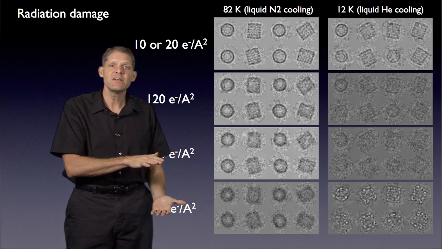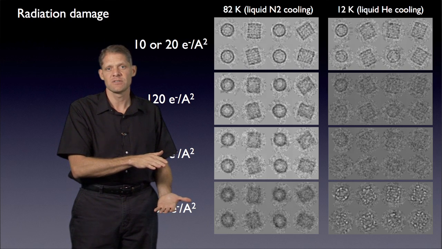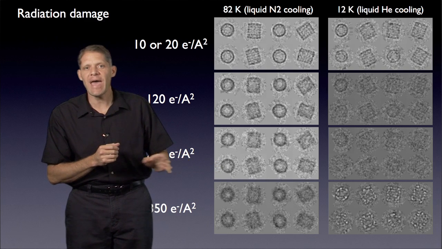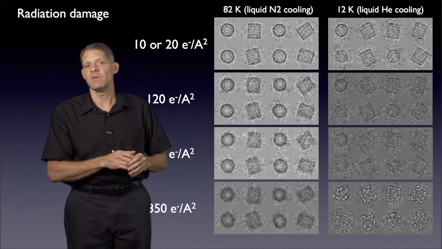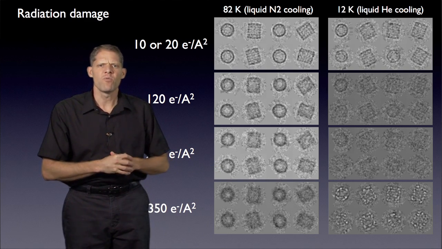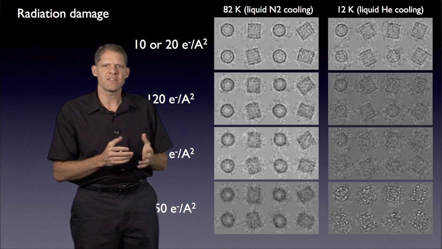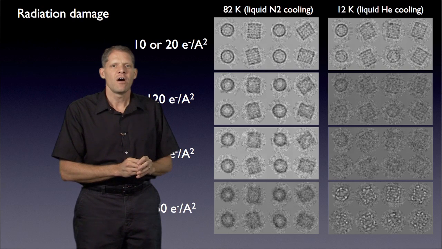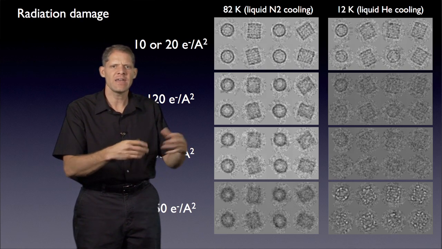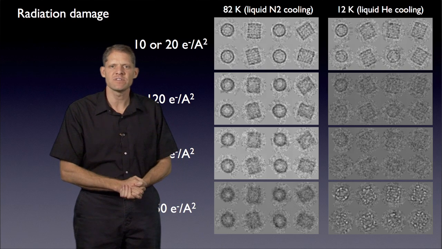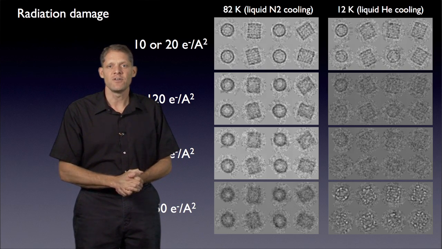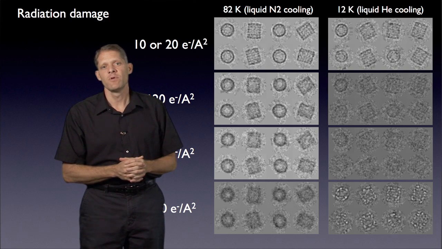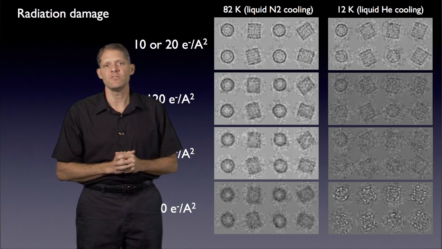When they collapse, their density more closely matches the density of protein, and therefore proteins are contrast matched and become nearly invisible. Furthermore, it appears that the radiolytic fragments that are released by electron imaging are not able to escape outside of the high-density amorphous ice that forms under liquid helium cooling. And because of this, many bubbles form right in the locations where the protein used to be.